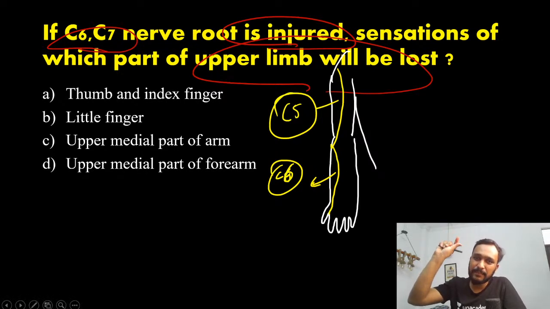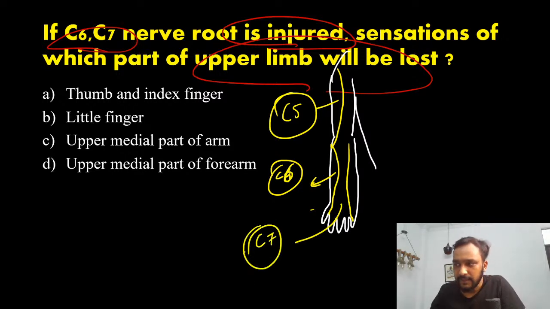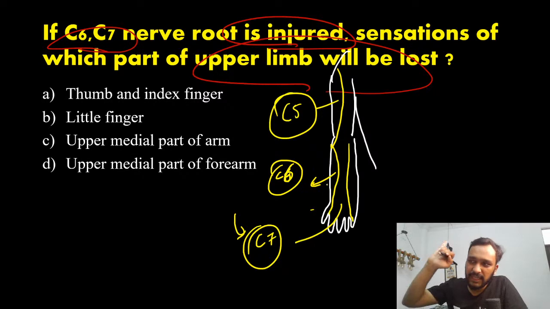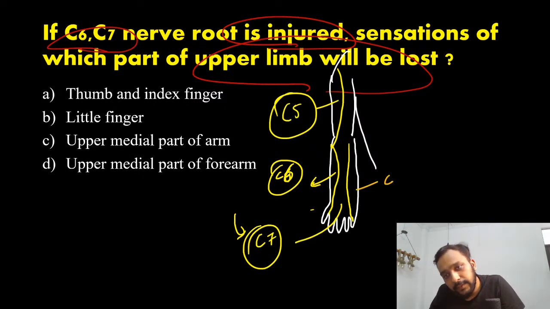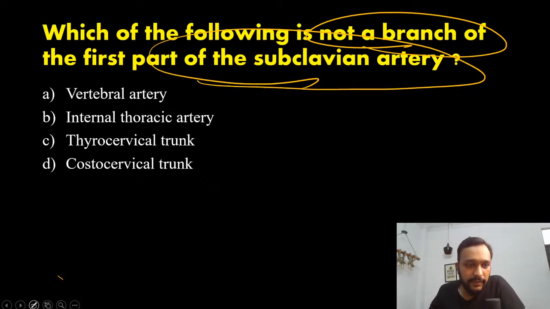Then the index, middle and ring finger will be supplied by the C7 dermatome. And the little finger will be supplied by the C8 dermatome, right?